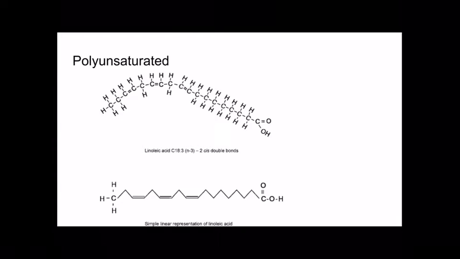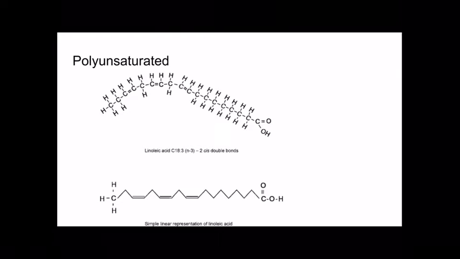But where this one has a cis bond in it, in other words, say it's a right-handed turn, if another one had a trans, say a left-handed turn in that same location, the body would perceive that as a completely different molecule. And if you're getting ahead of me, then you've probably already guessed that is where the term trans fats come from.